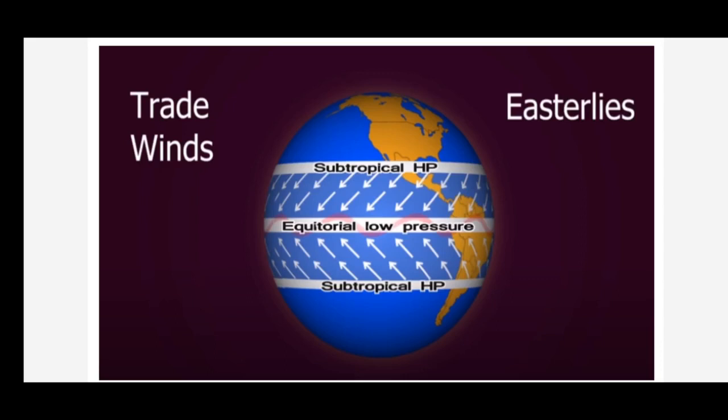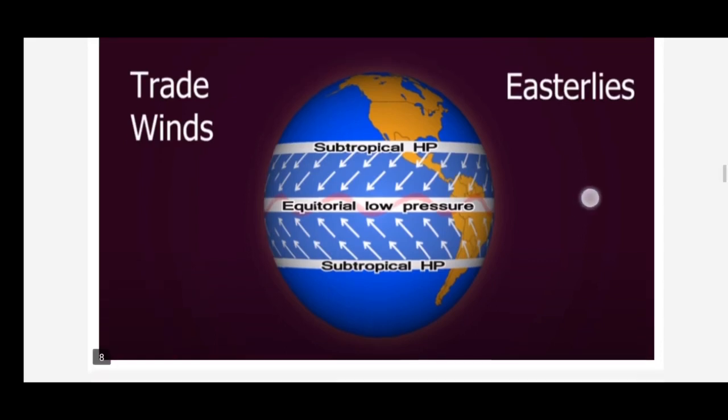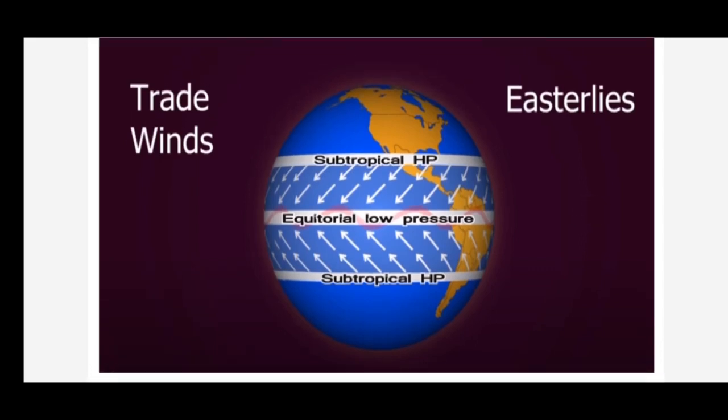Since the equator is the low pressure belt, winds from the subtropical high pressure belts move towards the equator. These winds are known as trade winds or easterlies. These winds converge at the equator, and this region is known as the ITCZ.